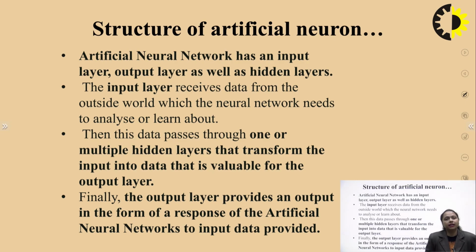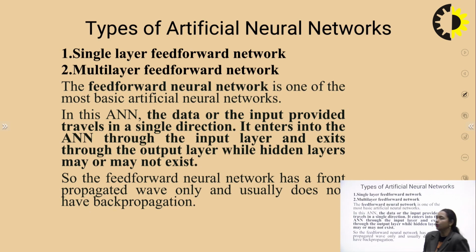Now, based upon the type of ANN, we can have one or more than one hidden layers, and based upon that we decide the type of ANN. So based upon the number of hidden layers, or the presence of hidden layers within the ANN, we can have a single layer feed forward network or a multi-layer feed forward network.